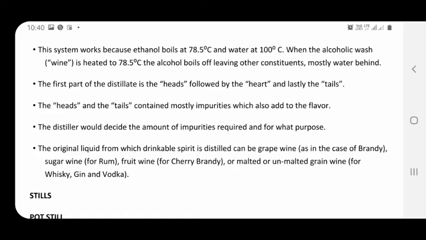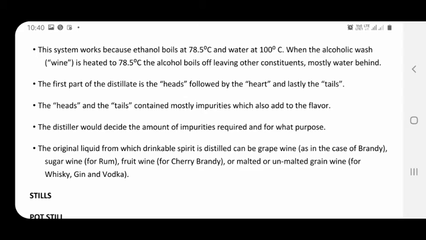All right. So there are two methods of distillation process. One is the pot still, and the second one is the patent still, also known as the continuous still.